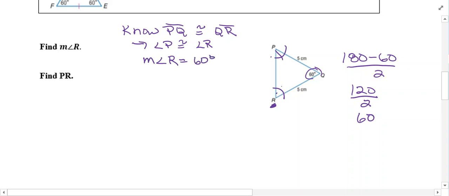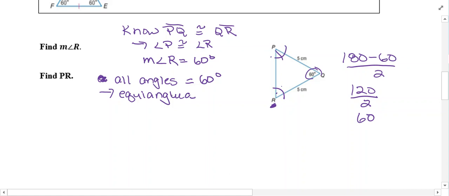Well, that tells us that all the angles are 60 degrees. And if all the angles are 60 degrees, we have an equilateral triangle. All angles equal 60 degrees, which gives us that it is equiangular, which gives us that it's equilateral.